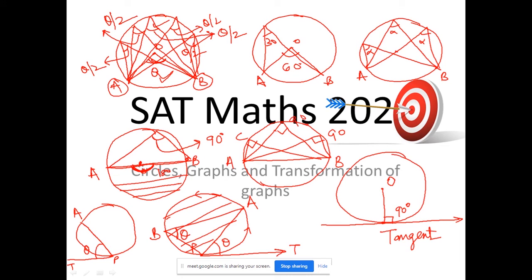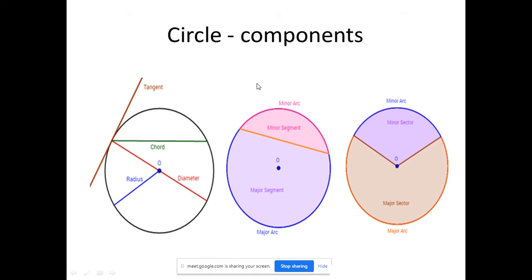Then if using the same 2 points A and P of the chord, we make any angle in the alternate segment, this angle would also be equal to theta. Okay. So these are some properties that you should be aware of as far as circles are concerned.